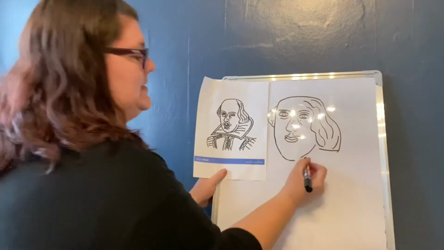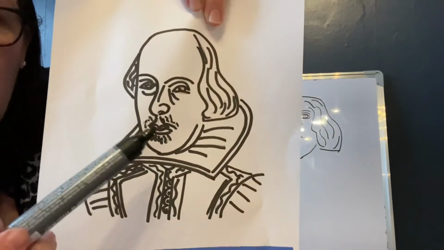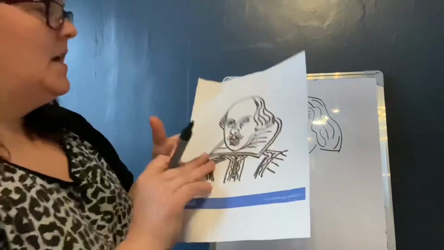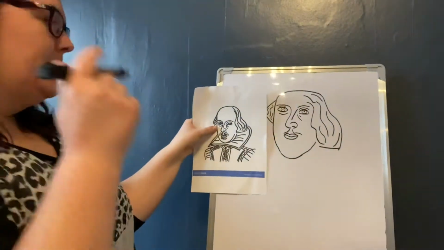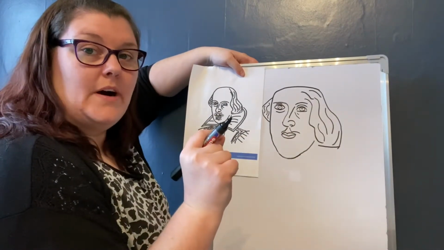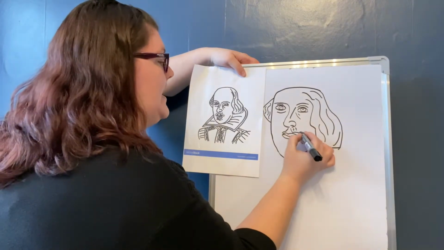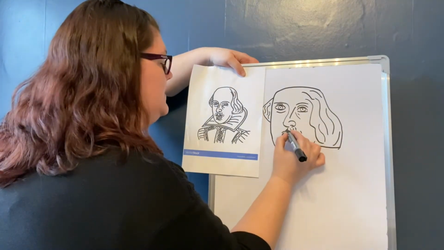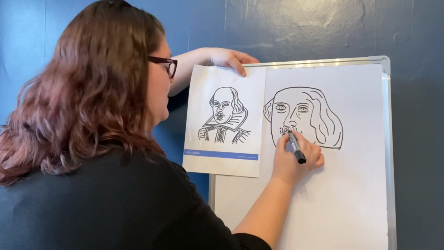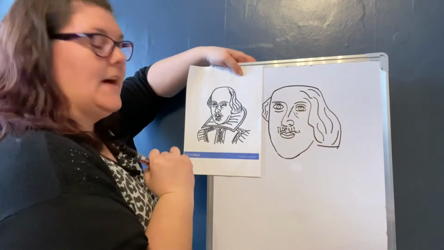Now, what can you see on this picture? He's got a bit of a beard and a moustache, hasn't he? So that's what we're going to do next. So I'm going to do some really careful, small lines on his top lip. Just really careful, wiggly lines to show that he's got a hairy lip. So that's his top lip.